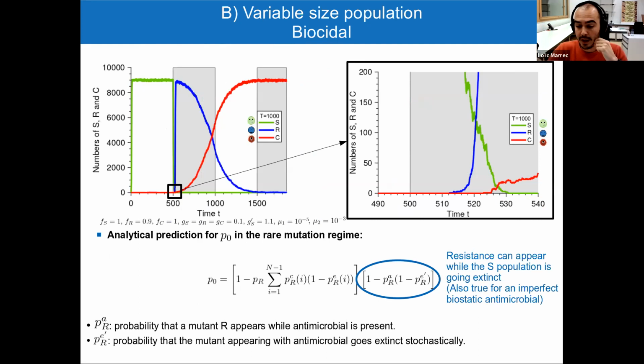So it is true for biocidal drugs and for imperfect biostatic drugs. Because in the case of an imperfect biostatic drug, you decrease the division rate, but if it is not equal to 0, you can still have divisions and then mutations.